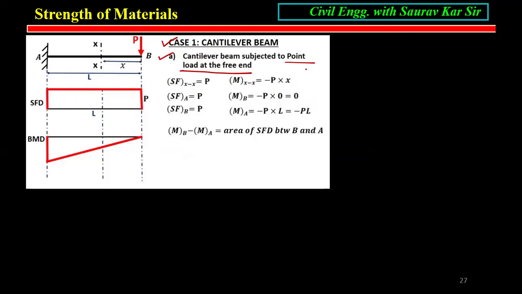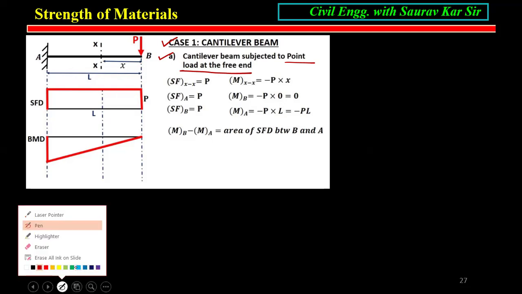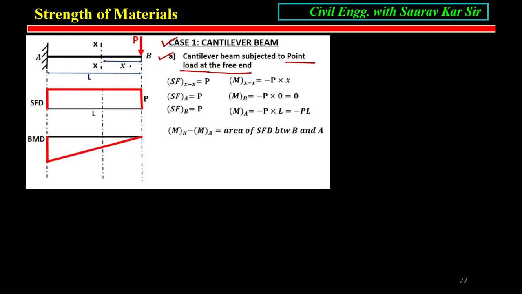Cantilever beam with point load. See how the things are coming. Let me teach you, then I will solve the question. See, A is a fixed end, B is a free end. And I am considering XX as the section, which is at distance X from B. So shear force at XX is P because on the right hand side, the load is P. On the right hand side, our load is here.